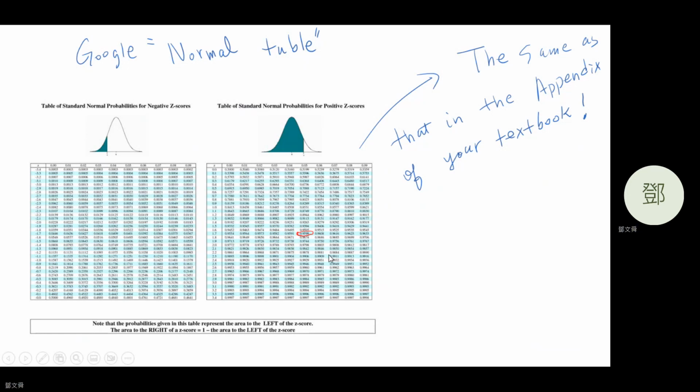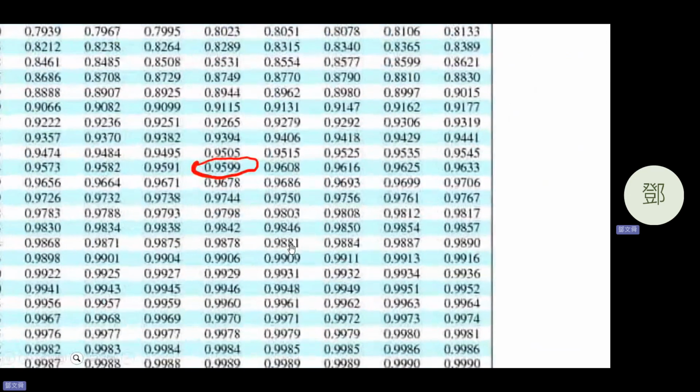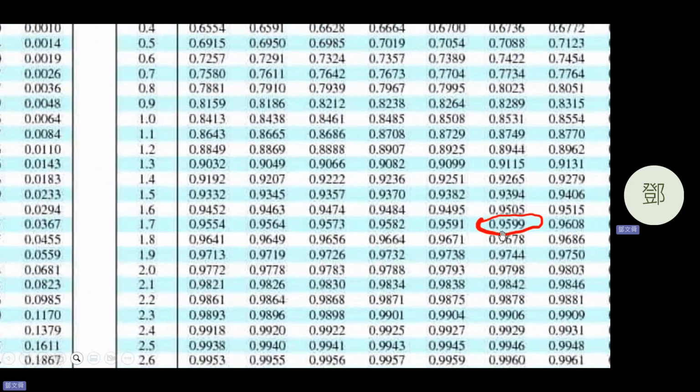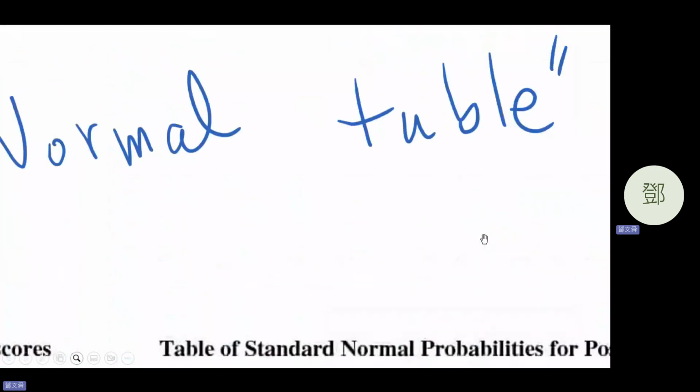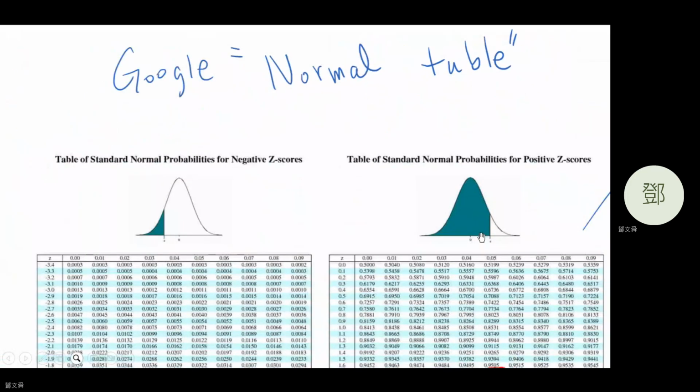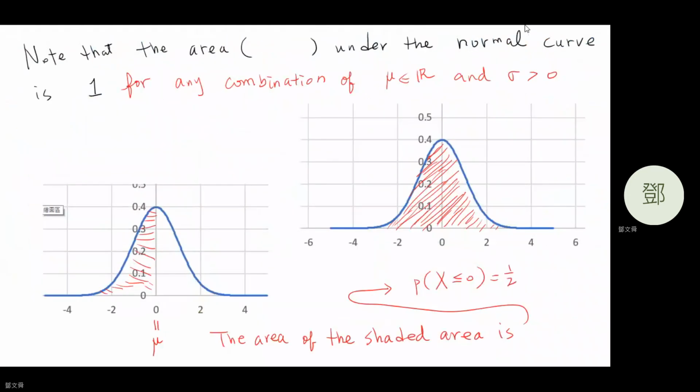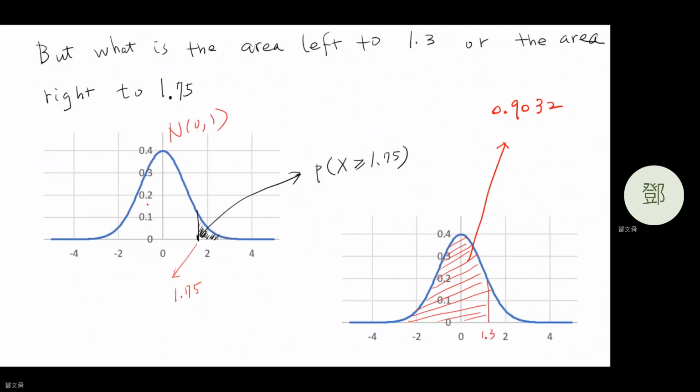Let me zoom in. So this is 0.9599, for 1.75. So here, what is the area?